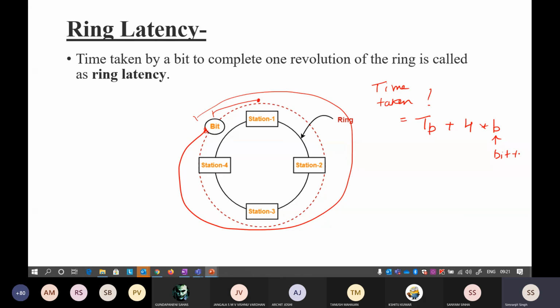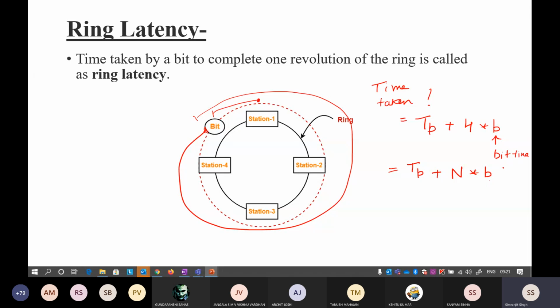So to generalize, the total time is the propagation time for the bit to take the complete revolution, plus n, the number of stations, into b, the amount of time every station holds the bit, which is your bit time.